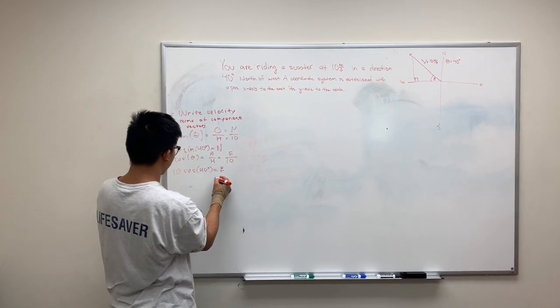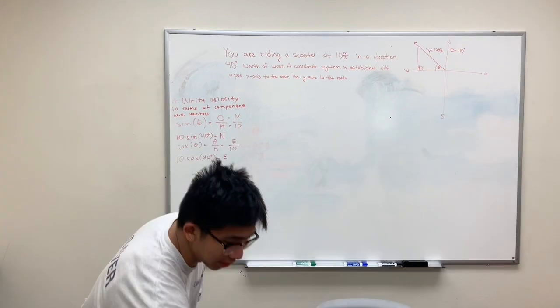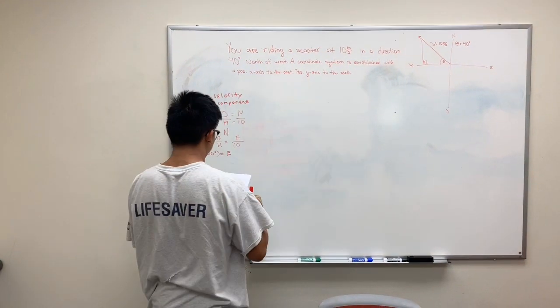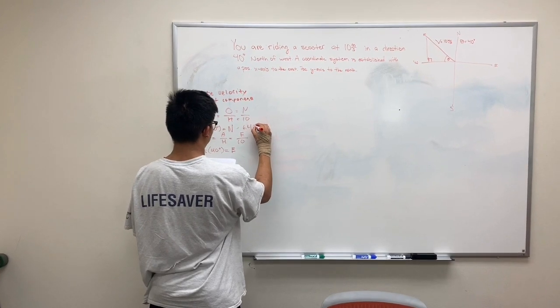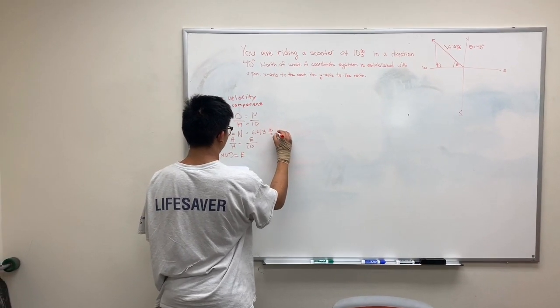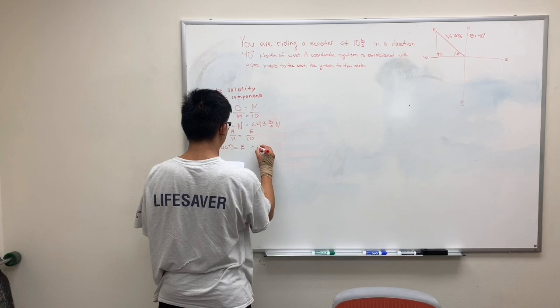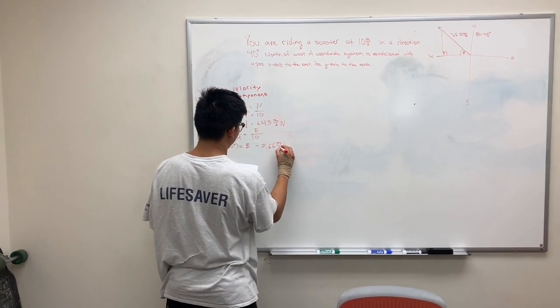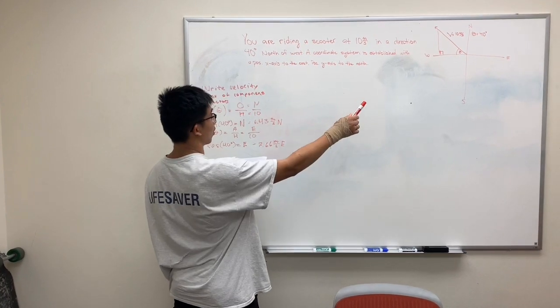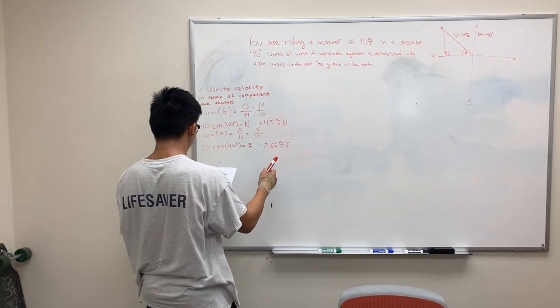Once you plug it into your calculator, you get 6.43 meters per second for the north, and then you get negative 7.66 meters per second east, which makes sense because it's going west, so negative east would equal west.